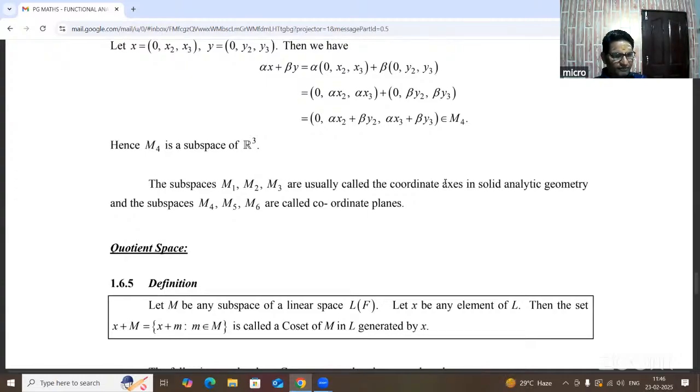Now M1, M2, M3 are usually called the coordinate axes in solid analytical geometry, because only one coordinate is there and the remaining coordinates are 0.